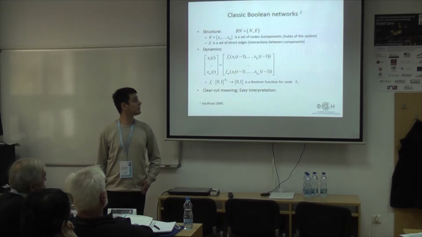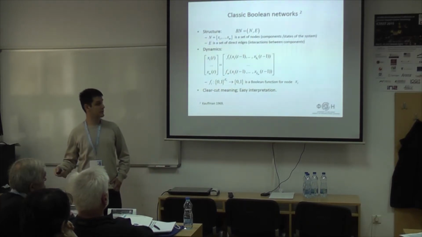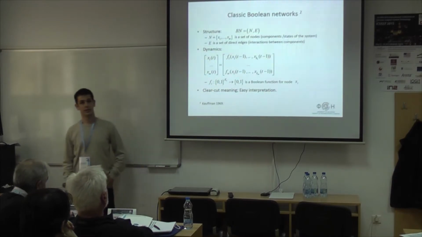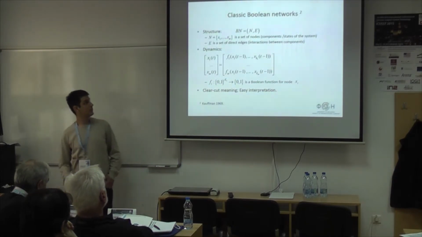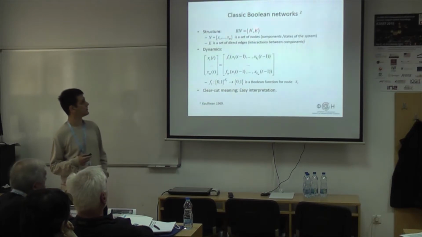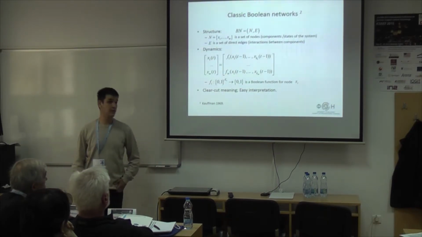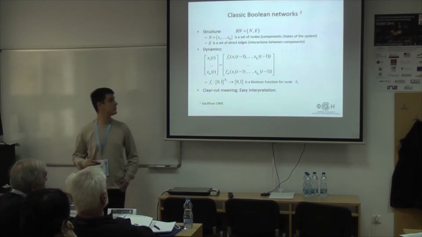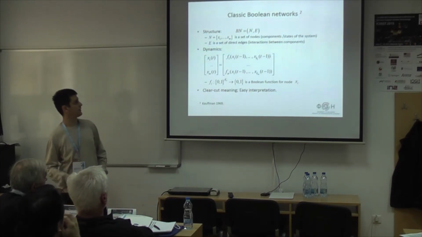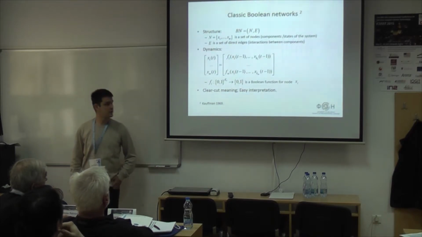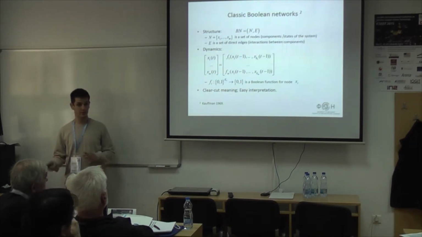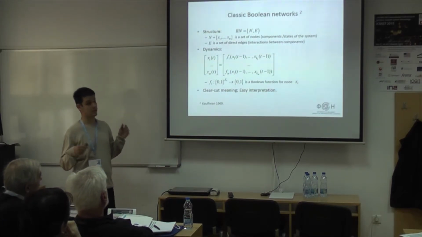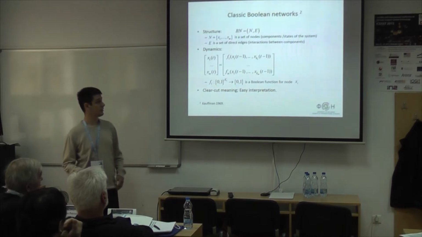Here, the classic concept of modeling complex systems using logic is with Boolean networks. A Boolean network is a directed graph with a set of nodes that represent components, and the values of nodes represent the states of the system. And a set A, that is a set of directed edges that represent interconnection between elements, and we assume that the interconnection is logical in this case.